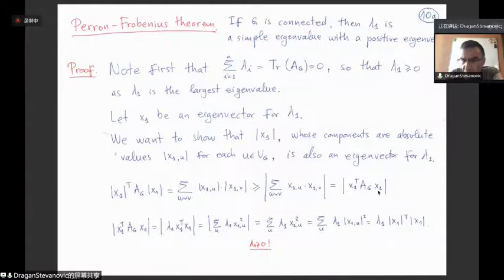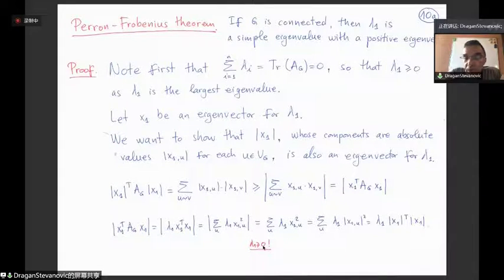So this part here, let's go to the next line. This part here, A times x1 is just lambda 1 times x1. And then we can just recall this scalar product is just the sum over all vertices u of the squares of components times lambda 1.